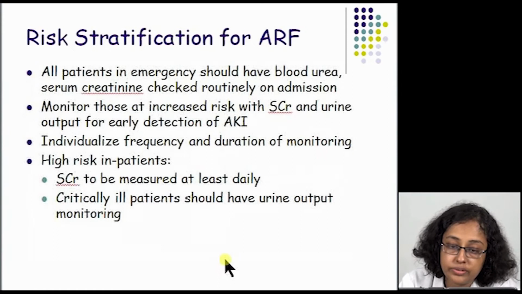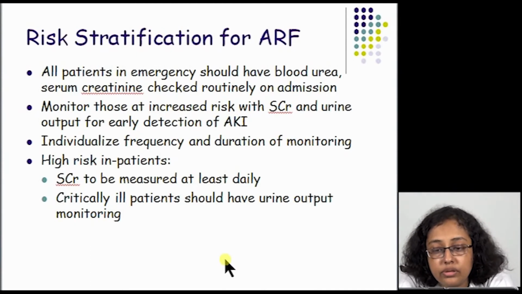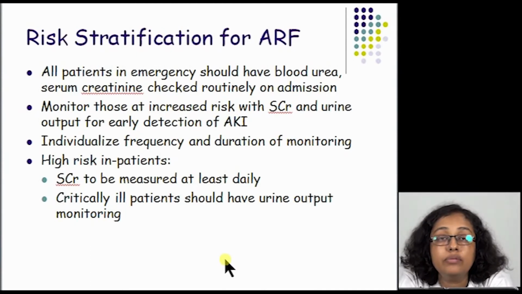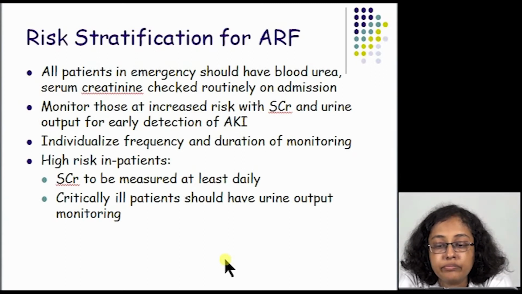So when a patient is seen in an emergency or on a renal consult to any other service, every patient should have a blood urea and serum creatinine checked at baseline routinely. The patient should be evaluated clinically for the exposure factors as well as the susceptibility factors.